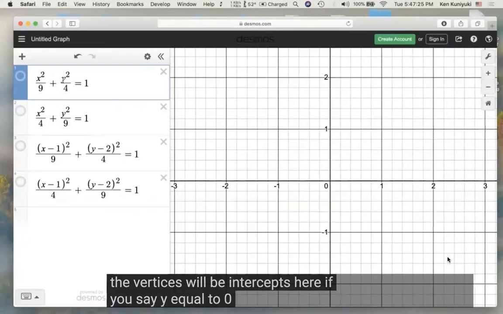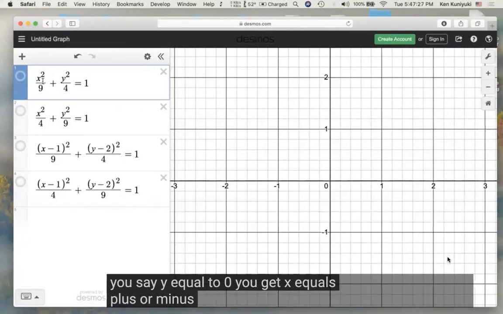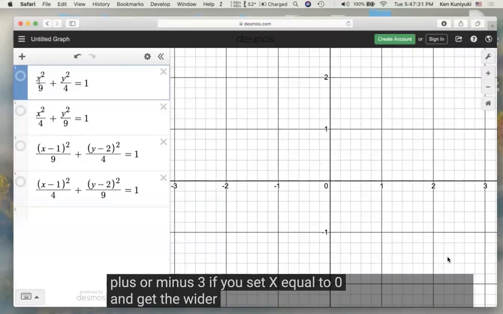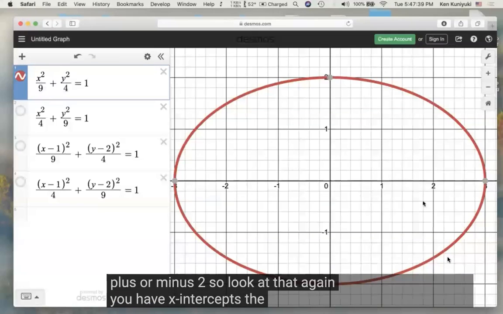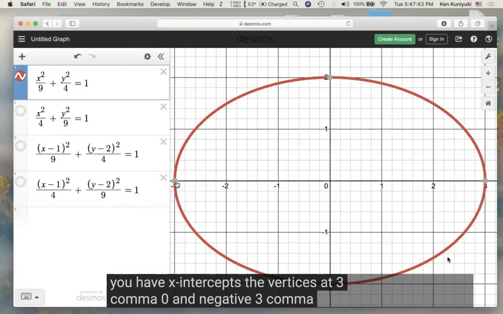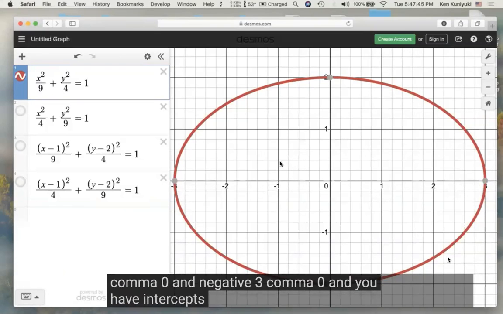If you set y equal to 0, you get x equals plus or minus 3. If you set x equal to 0 and get the y-intercepts, you get y equals plus or minus 2. So look at that. Again, you have x-intercepts, the vertices, at 3, 0 and negative 3, 0. And you have intercepts at 0, 2 and 0, negative 2.